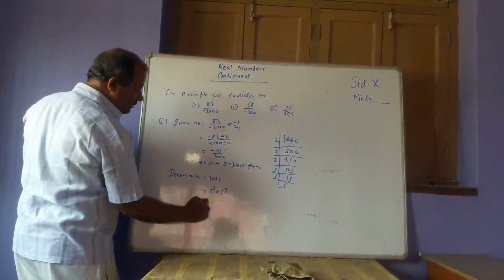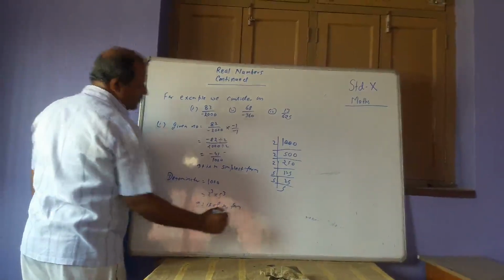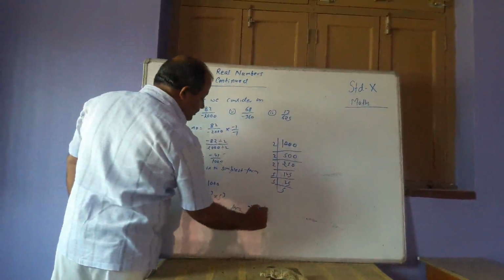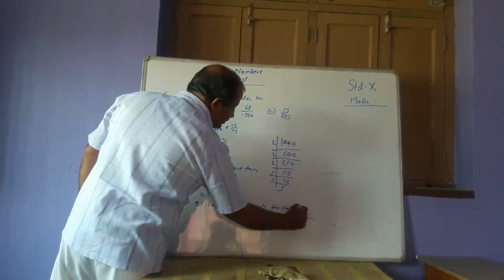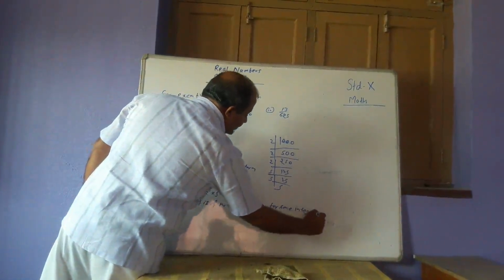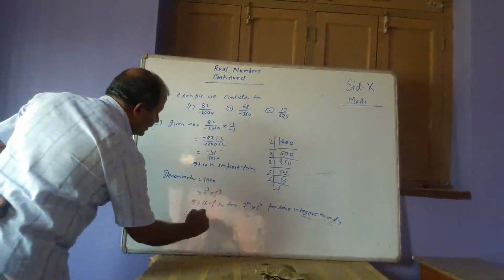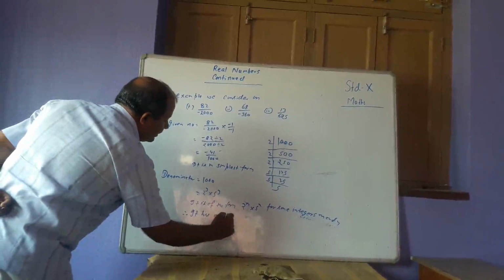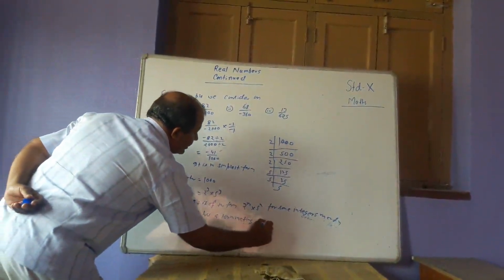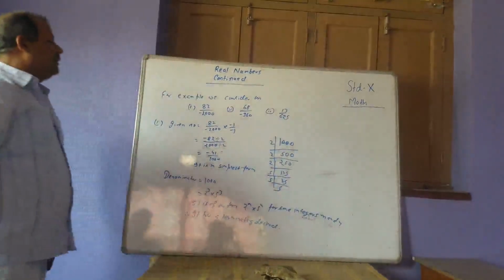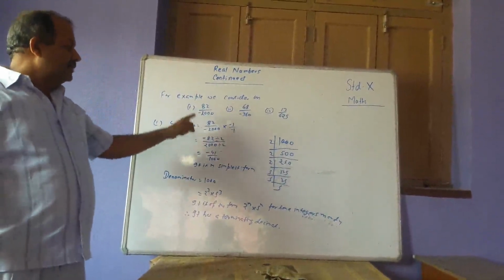It is of the form 2 to the power m into 5 to the power n for some integers m and n. Therefore, it has a terminating decimal.